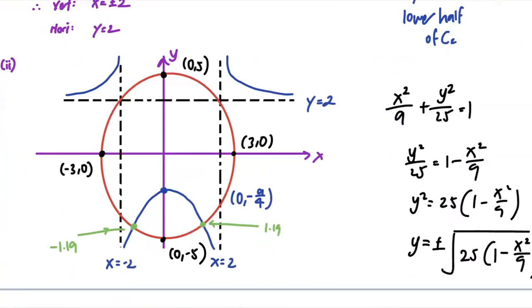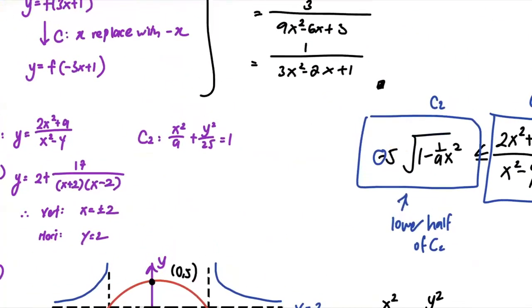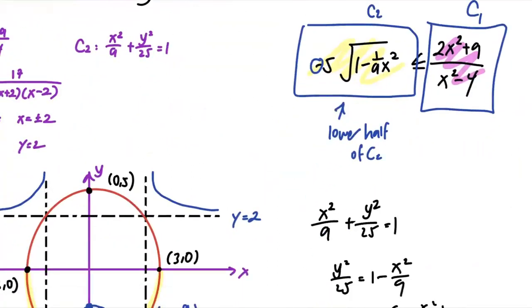So I'll highlight it for you. This part here, can you see the yellow highlighter? This is the equation, so this is the one in yellow. And the one in pink is this graph.